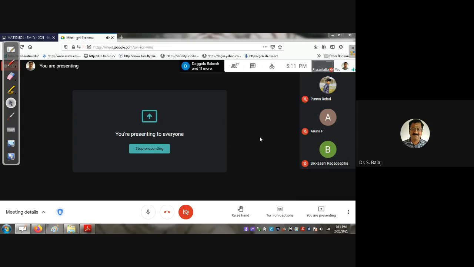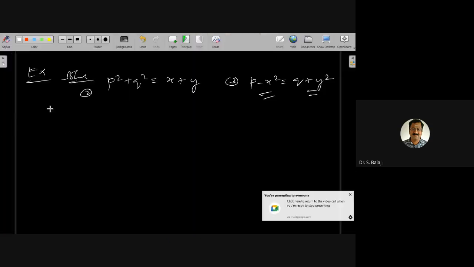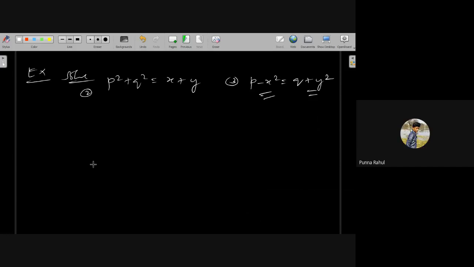Can you give the answer for the first one? P square plus q square equal to x plus y. P equal to square root of a minus x.